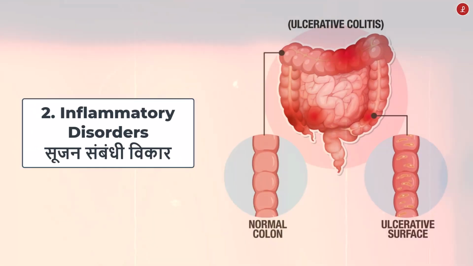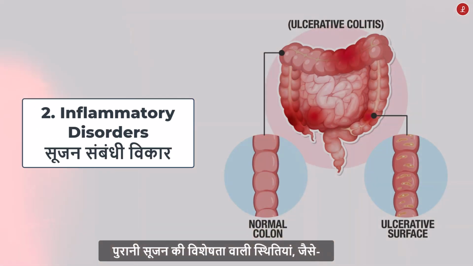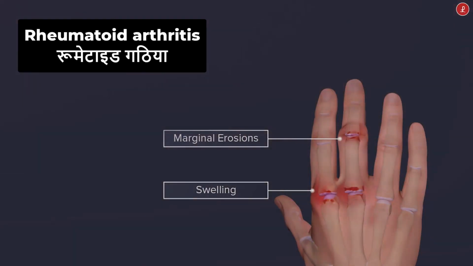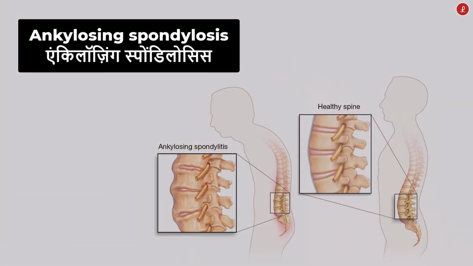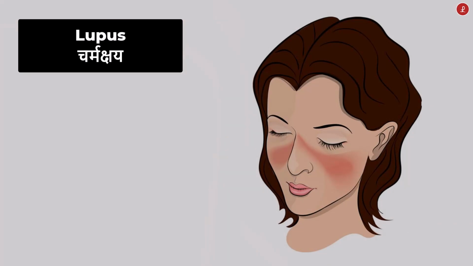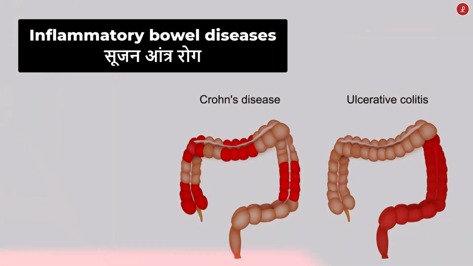The second is inflammation. Conditions characterized by chronic inflammation, like rheumatoid arthritis, ankylosing spondylitis, lupus, or the inflammatory bowel diseases like Crohn's and ulcerative colitis.